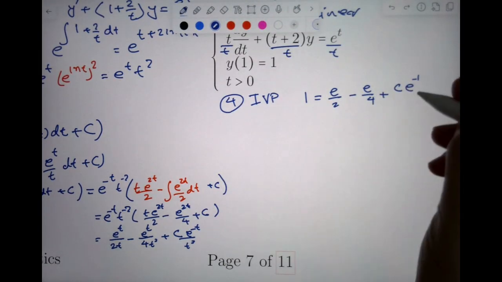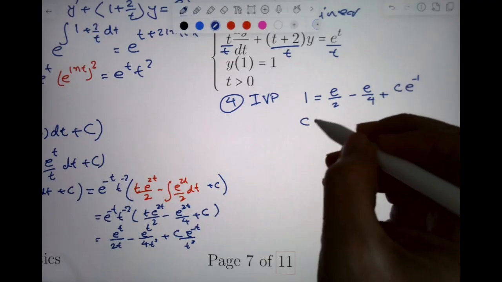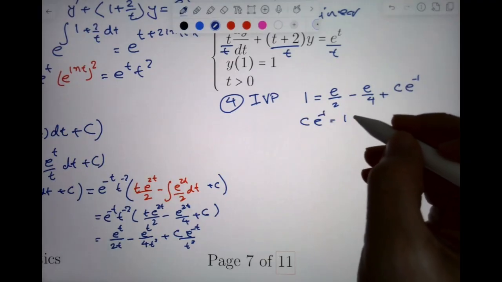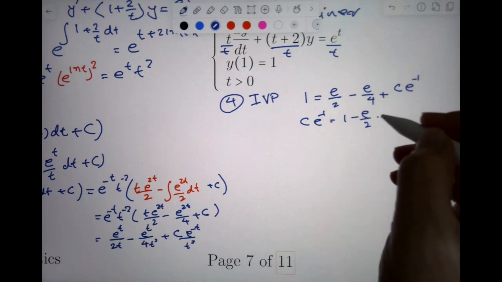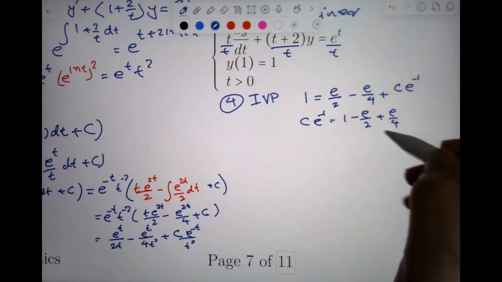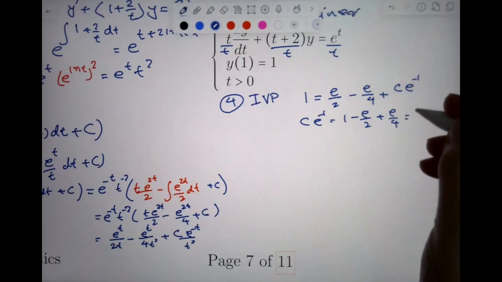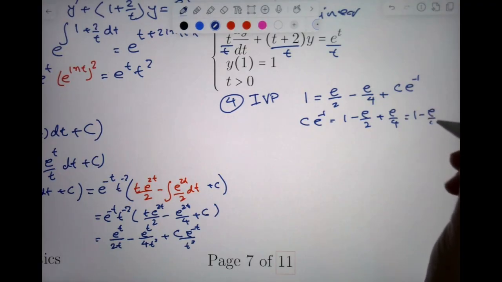And so I can compute C e to the power minus 1 is equal to 1 minus e over 2 plus e over 4. Put these two together. 1/4 of e minus half of e is just minus 1/4 of e.